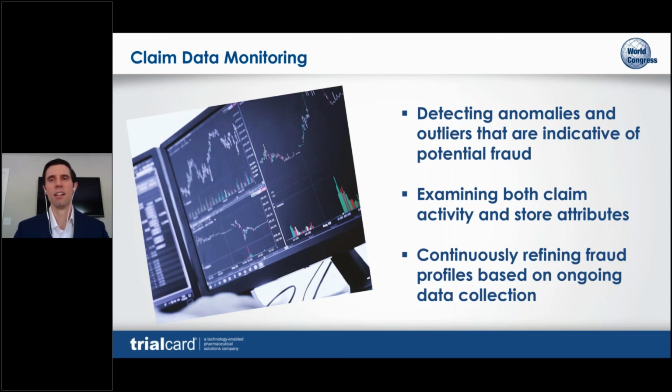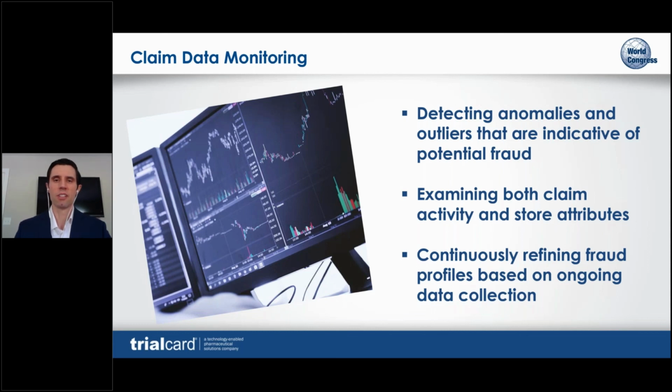Looking at each piece in a silo doesn't give you the full picture. For example, with something basic like volume of claims, having the context of what pharmacies these patterns of activity are happening at will tell you whether it warrants further investigation or is probably fairly normal.